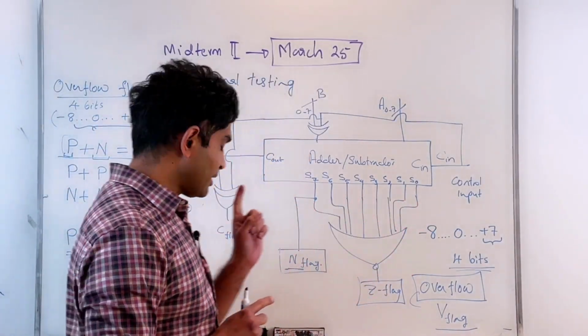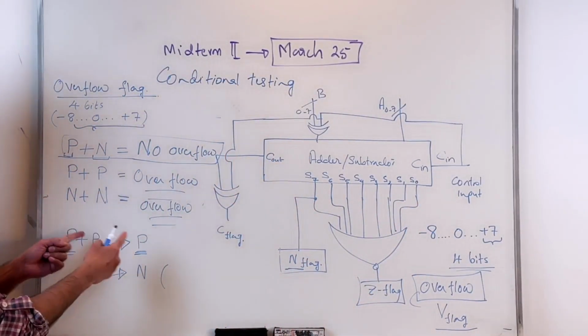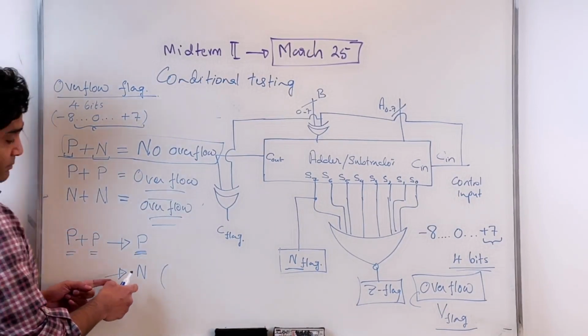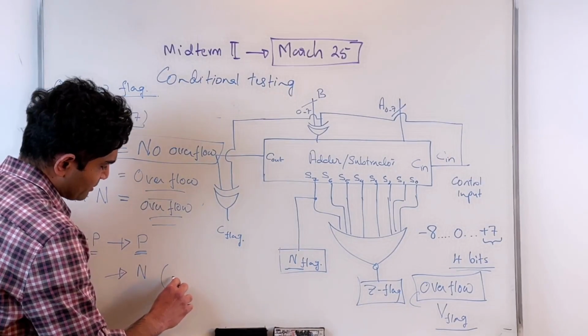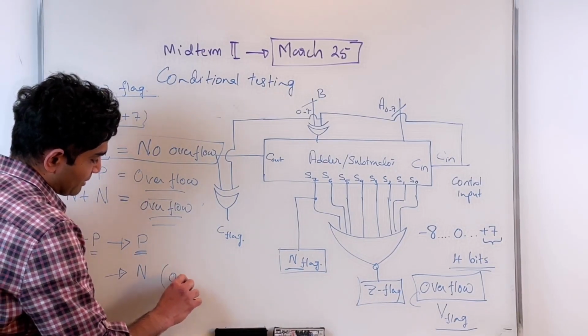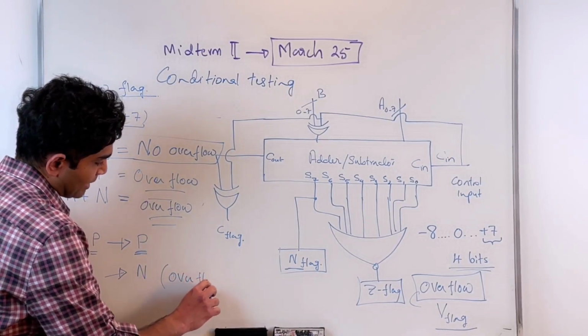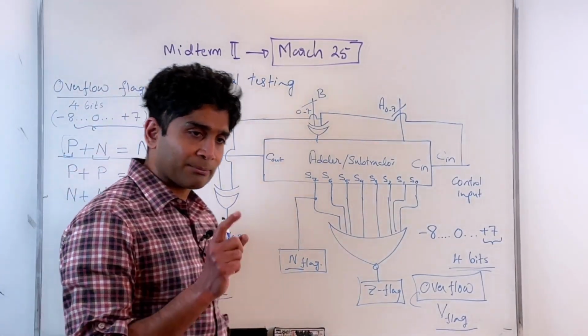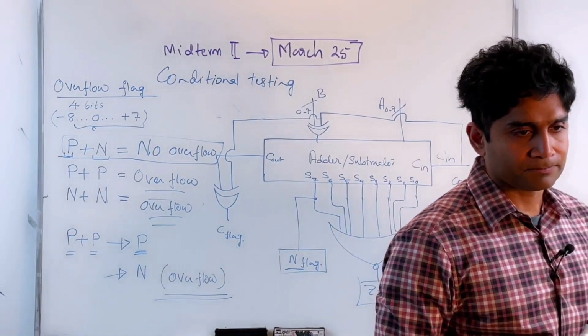Hey, that's not right. Positive plus positive should result in positive. If it results in a negative answer, that means, wait a minute, something is wrong. That means I have an overflow condition happening here.